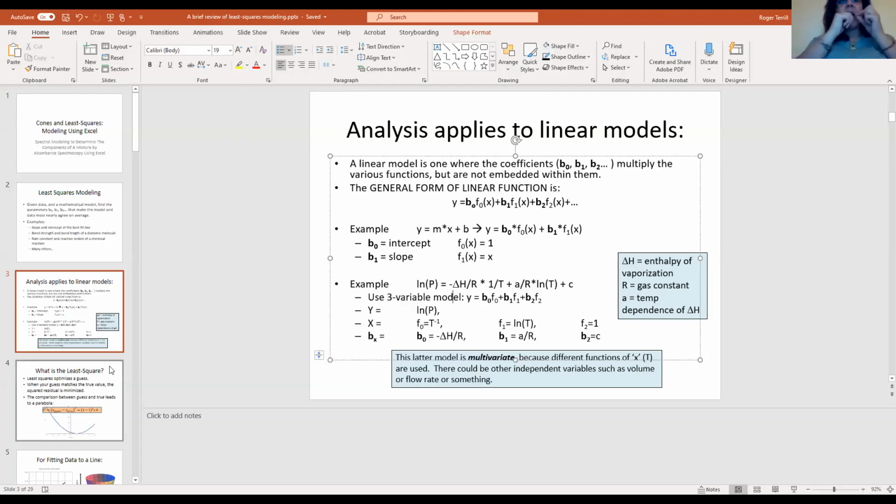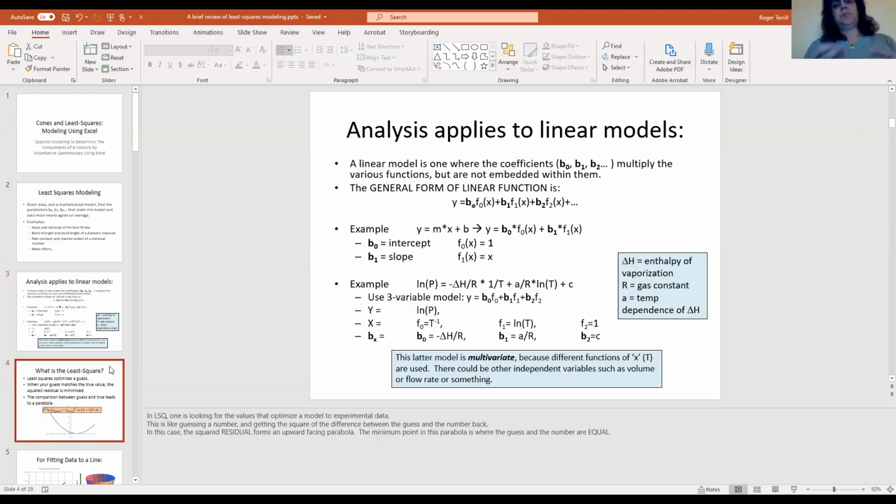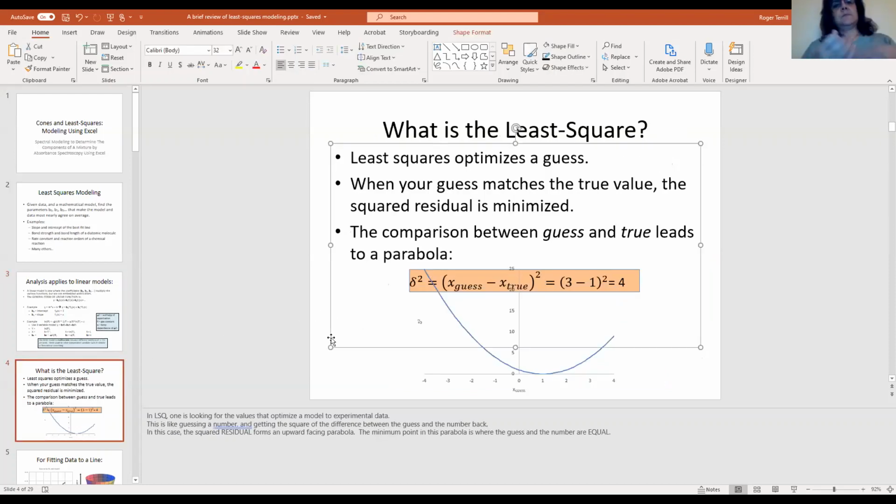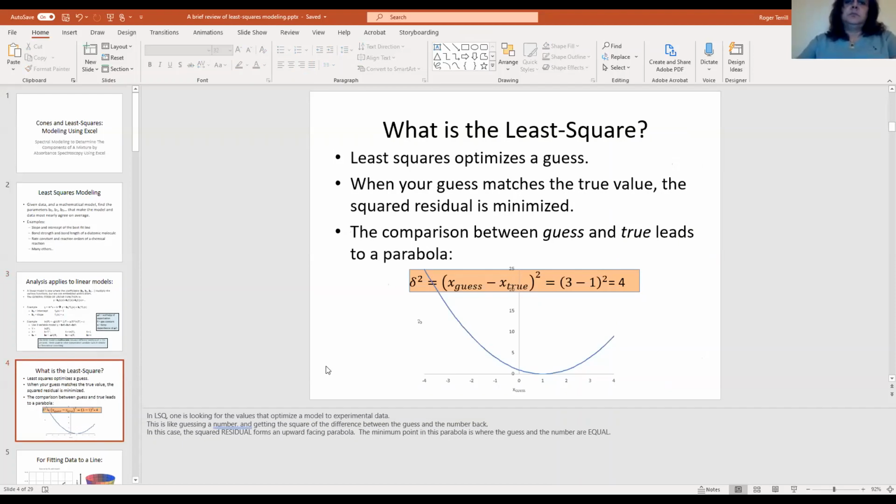But how does least squares find the numbers? Well, it's a little bit of a conversation, but in a general way, what LinS does is it finds the roots of a parabola that's formed by the guess values and the true values.